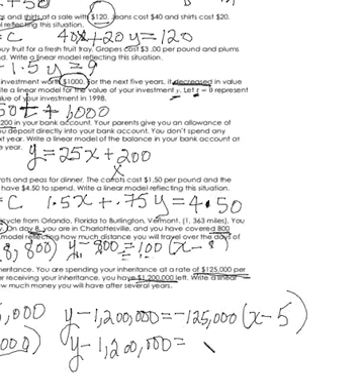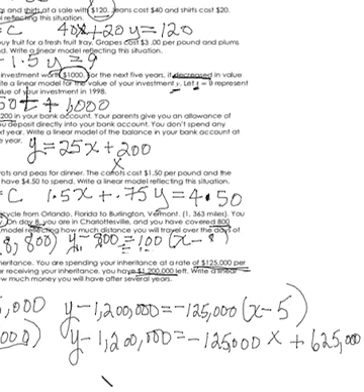So 1,200,000, that's going to equal negative 125,000x plus, what is 125,000 times 5? So that's plus $625,000.